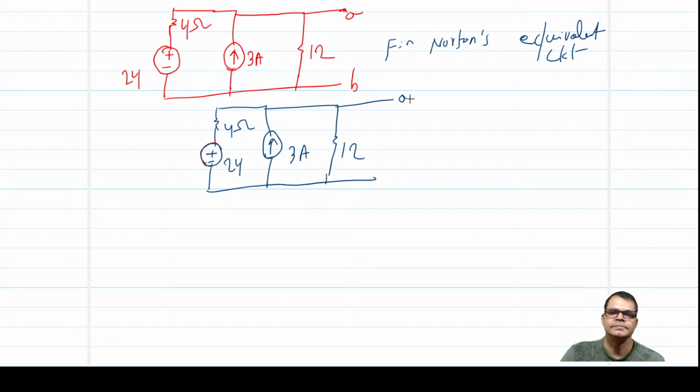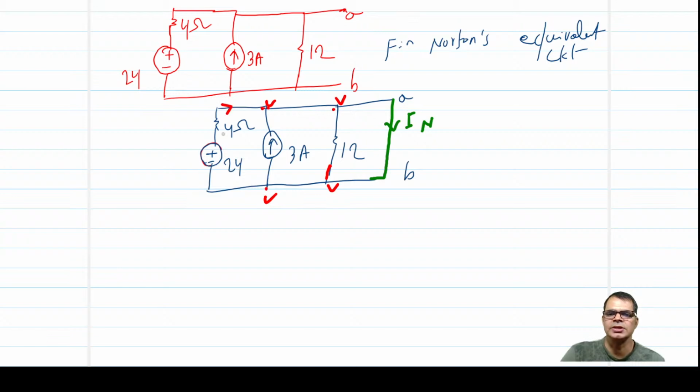Now I short here. This is your Norton equivalent current, that is the Norton current. What is this current? Because when I short, the potential here is the same, and here is the same. If the potential is the same, then this terminal is connected to this terminal.